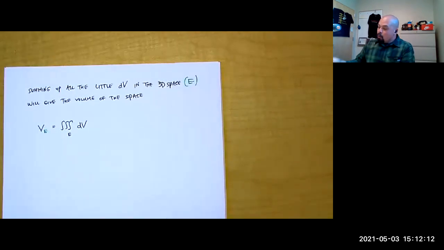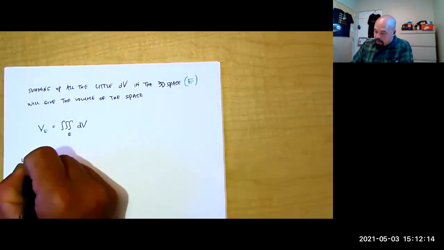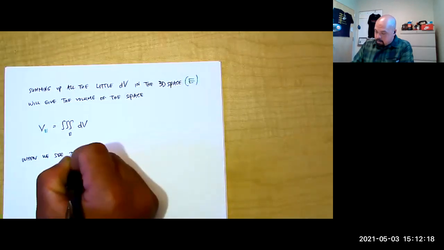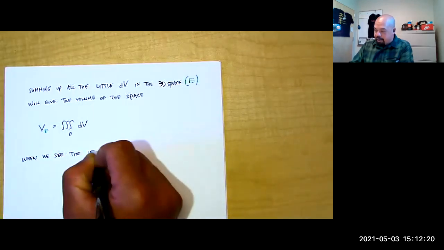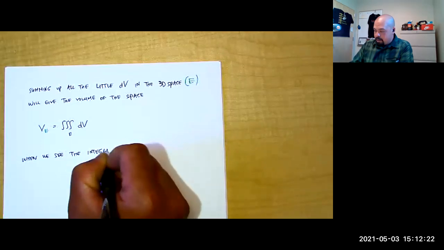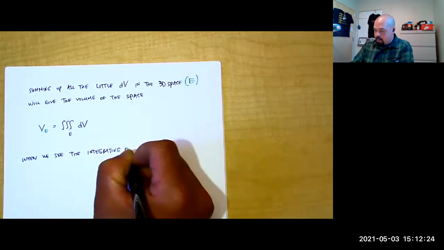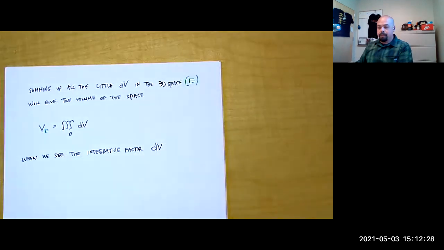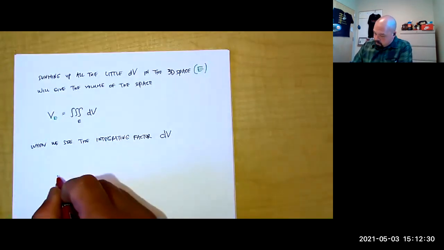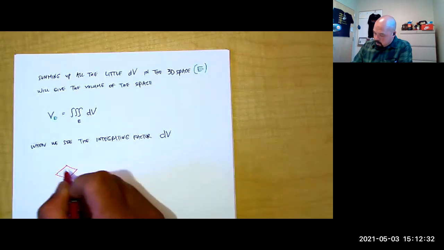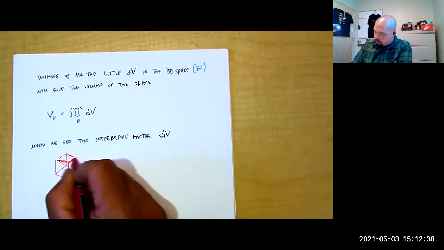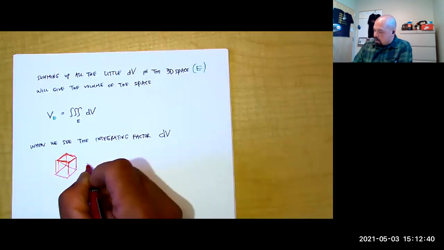But we start doing this when we see that integrating factor dV. I'm thinking about it. I should draw this like so. Okay.